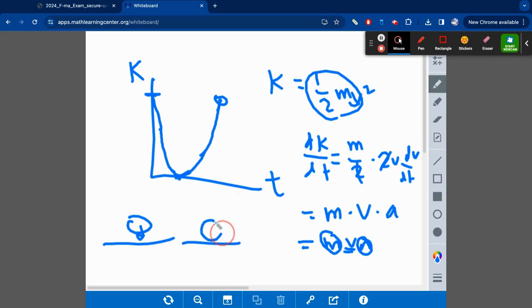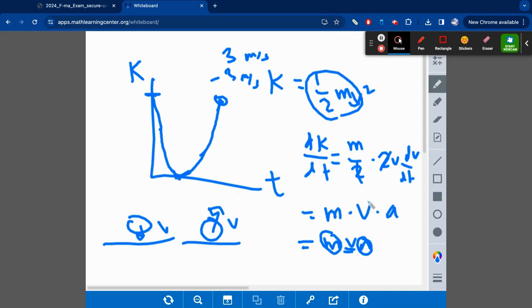All that happens is that the direction of its velocity changes because it's completely elastic, which means that its speed doesn't change, but its velocity does. Which means that its kinetic energy shouldn't change, right? For example, if it's falling at 3 meters per second here, and it changes to negative 3 meters per second, v squared is still going to be the same. So kinetic energy, the magnitude, remains unchanged.